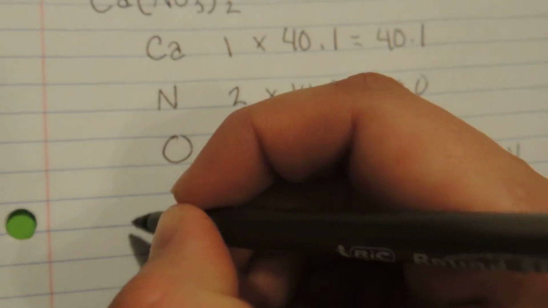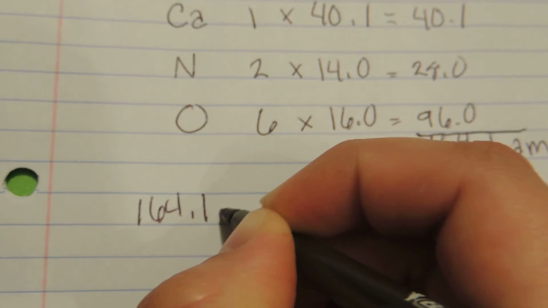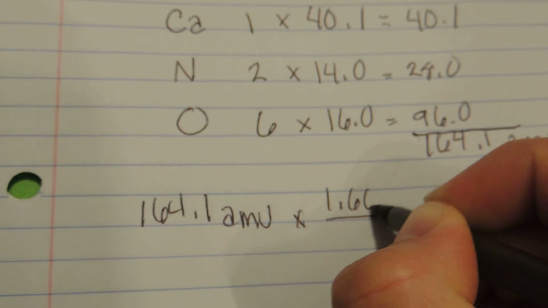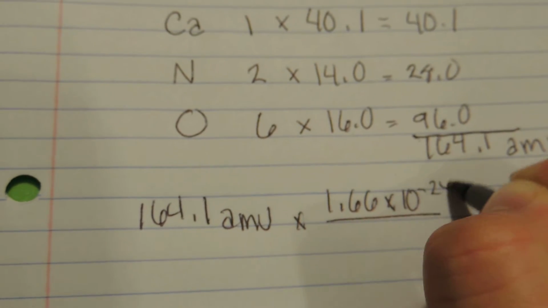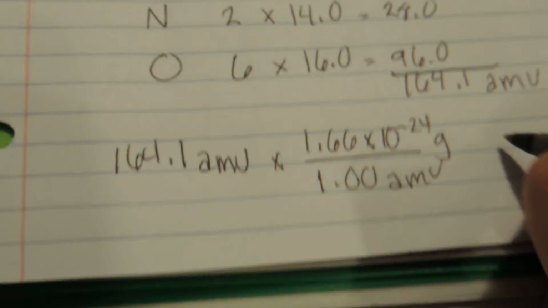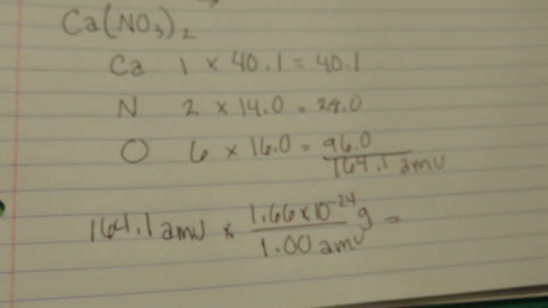Okay, and if I want to change that number to grams, then I would say 164.1 AMU times 1.66 times 10 to the negative 24th grams over 1 AMU. So that way my AMUs cancel. And then enter that in my calculator.